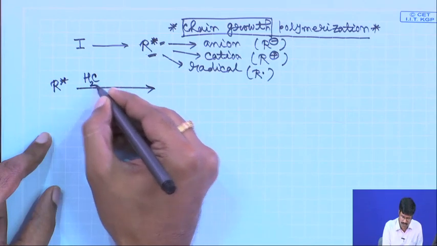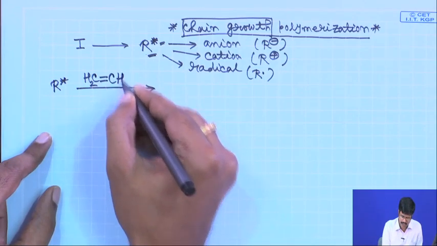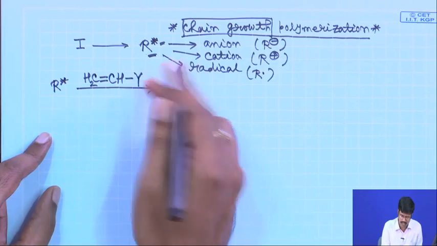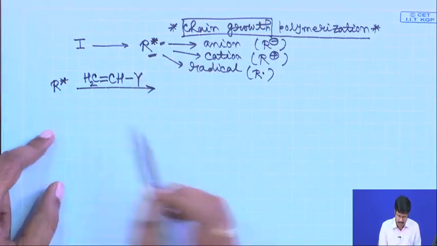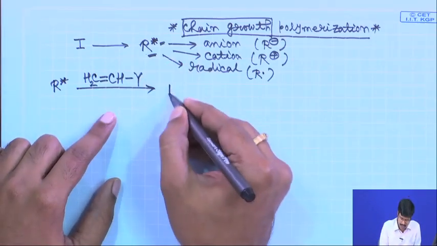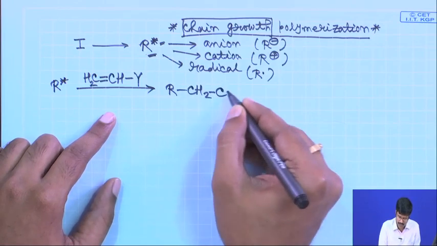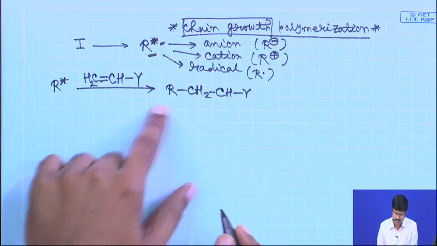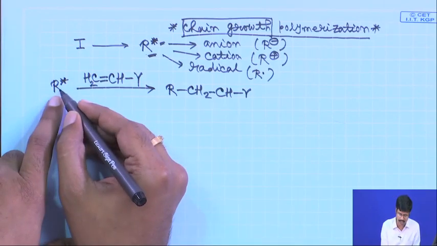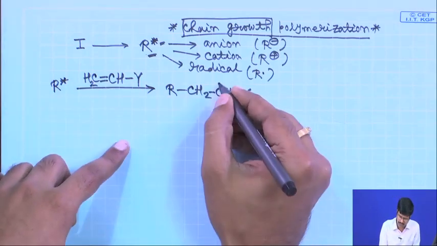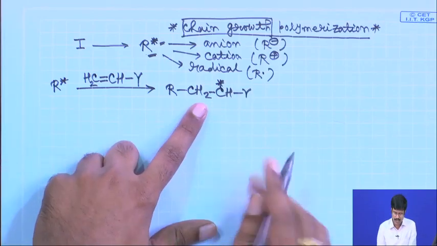Typically they will be monomers like this, say a vinyl monomer, where Y is some other group. It reacts with this monomer and produces a species like this. So, this star that was there on R, the reactive center, is now shifted to this place.